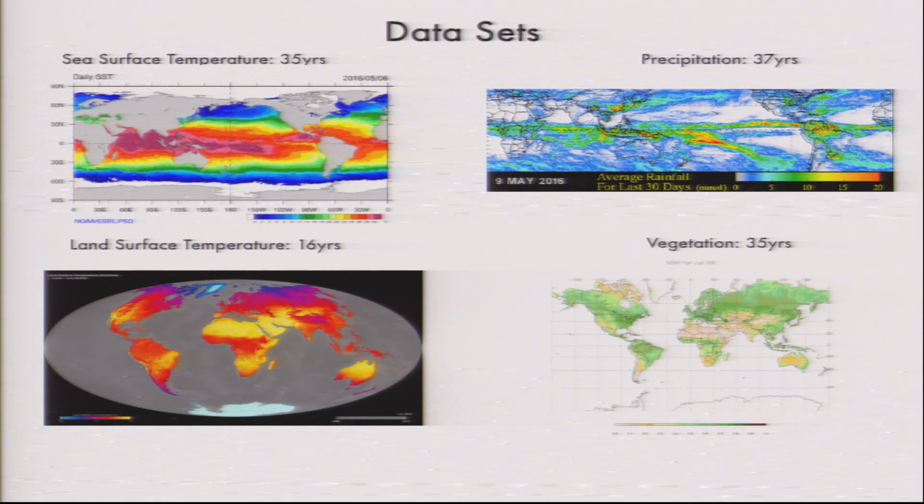Right now we have about a 35-year record of satellite observations of sea surface temperatures. We have about 37 years of global precipitation data. And now we have 16 years' worth of land surface temperature data and 35 years of vegetation information.